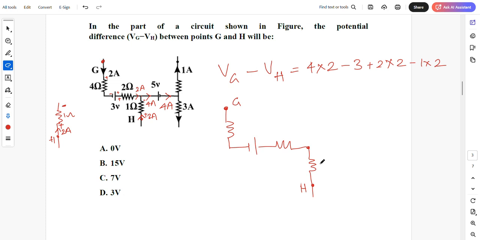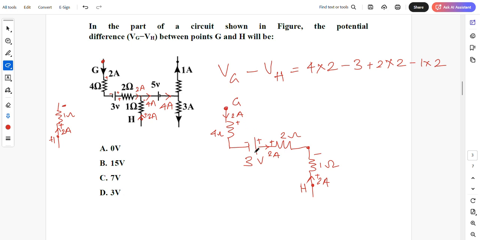It should come like this. This is 1 ohm, this is 2 ohm, this is 4 ohm, this is minus plus, how much is it? 3 volts. Here the current is flowing as 2 amperes like this, right? This is plus. If I move further, this becomes minus and again current will be entering like this. How many amperes of current? 2 amperes is flowing like this. Therefore this is plus and this is minus.